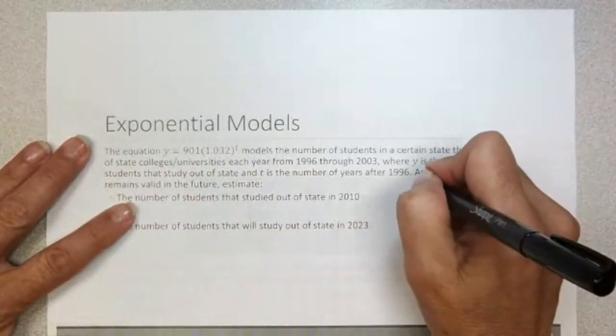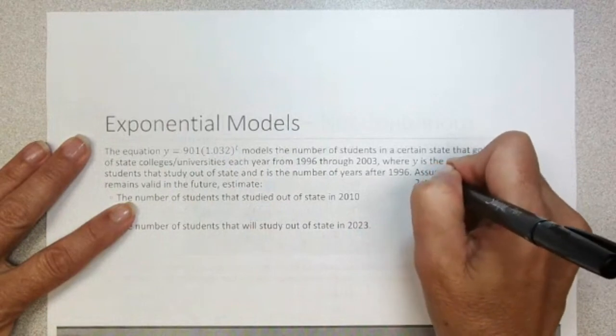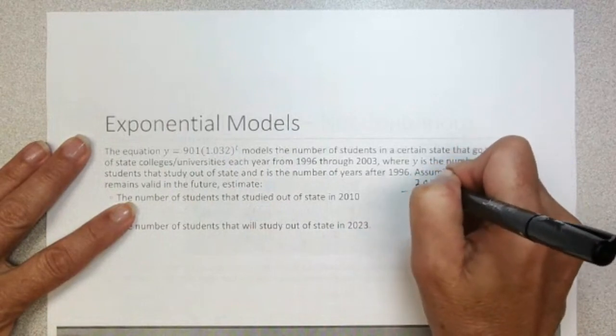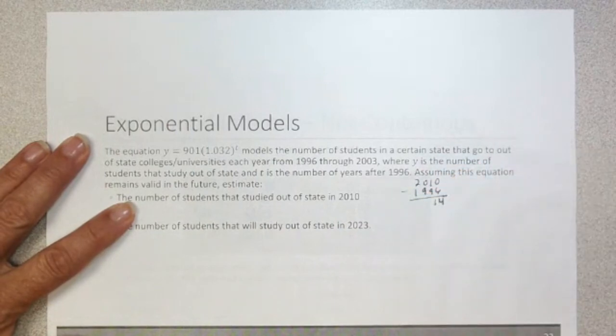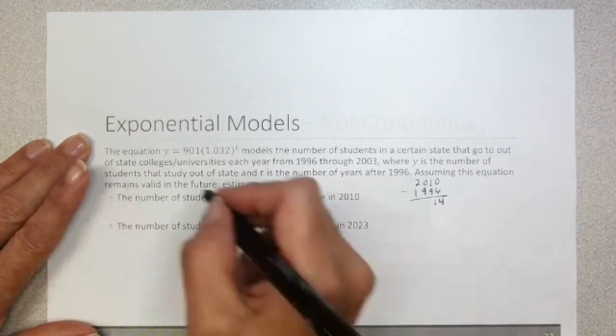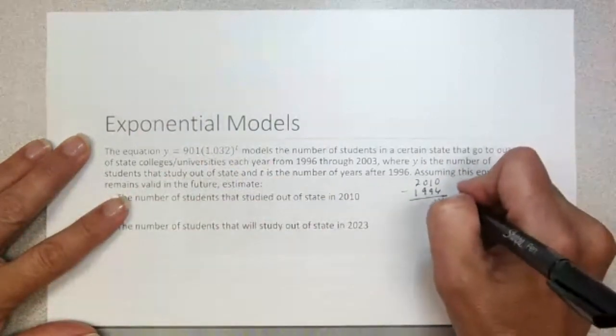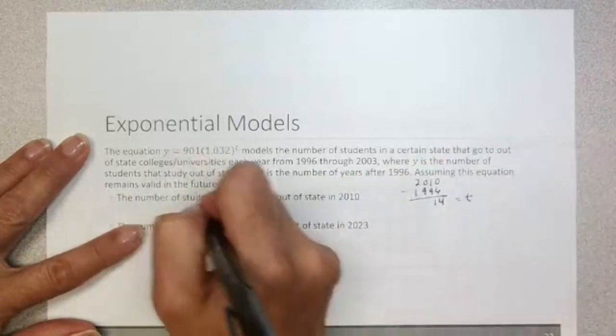So if we want to know 2010, we subtract 1996 from it, and we see that the year 2010 is 14 years after 1996. So we want to put 14 in for the t.